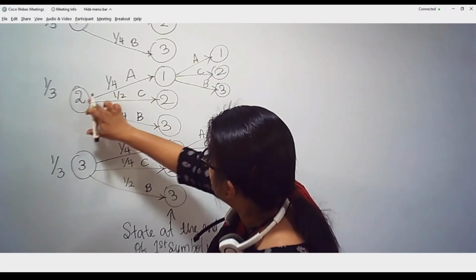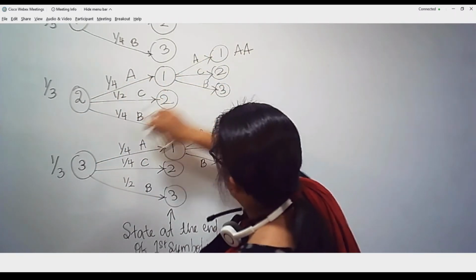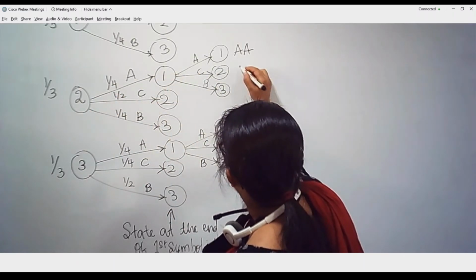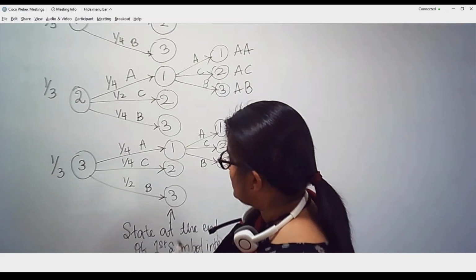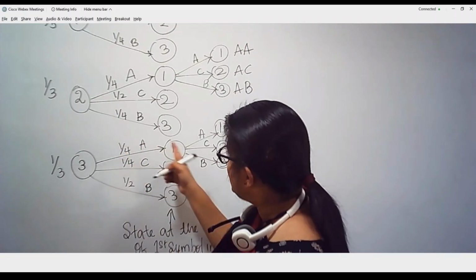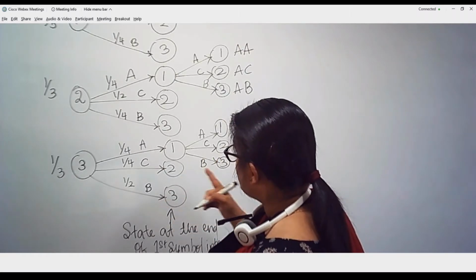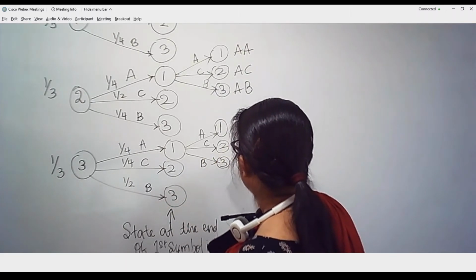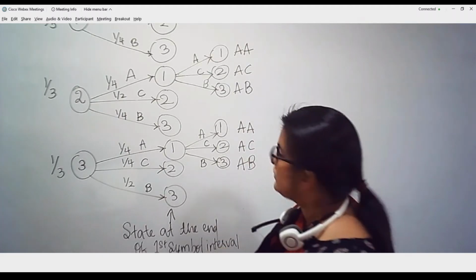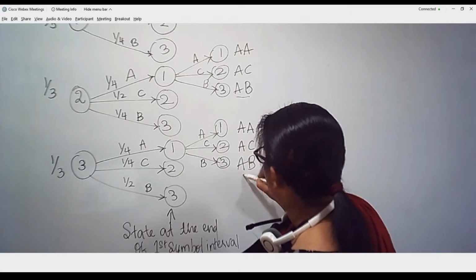If I move from 2 to 1 and 1 to 1, I get the message AA. 2 to 1, 1 to 2, I get AC, then AB. Then here again, 3 to 1 and 1 to 1, AA. 3 to 1 and 1 to 2, I get AC, then I get AB. So you can see in these 3 combinations, AB is appearing thrice.